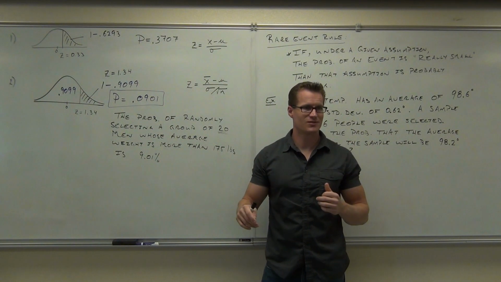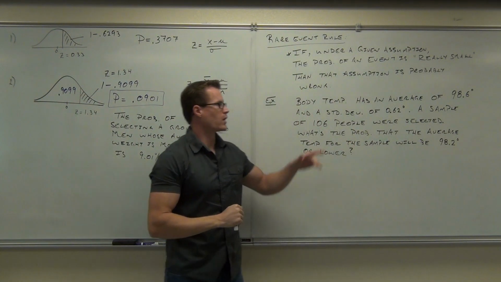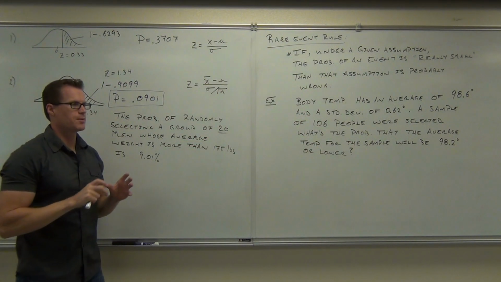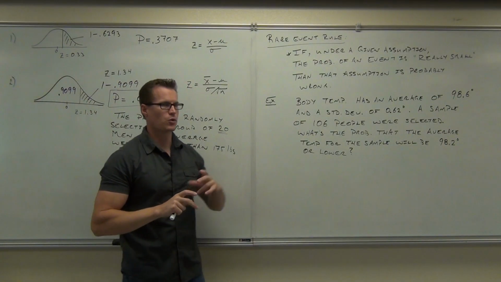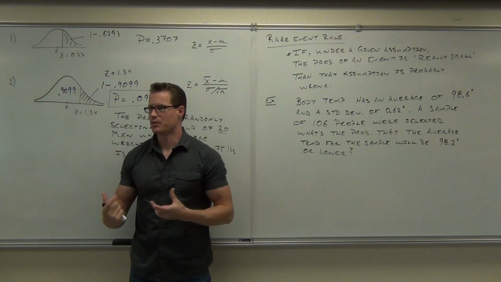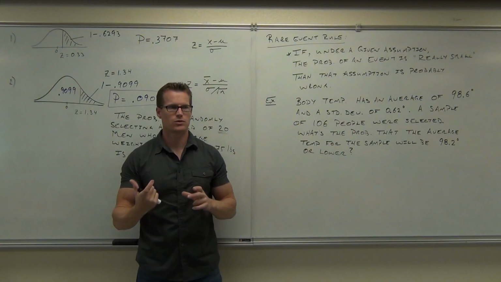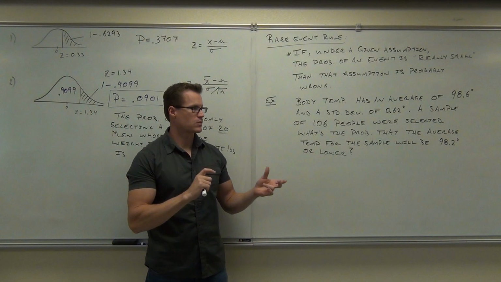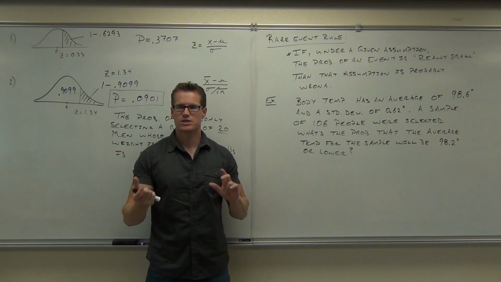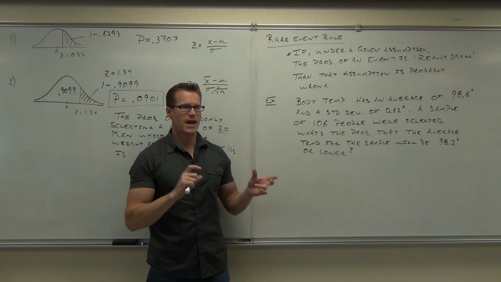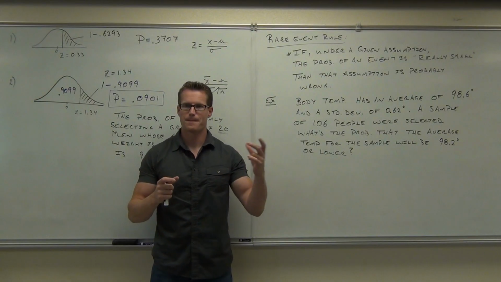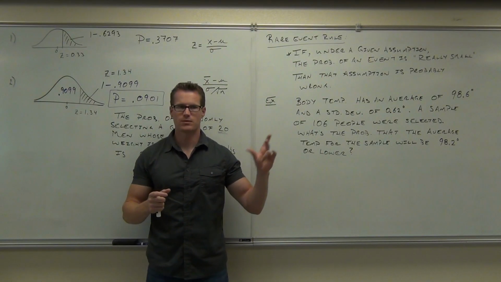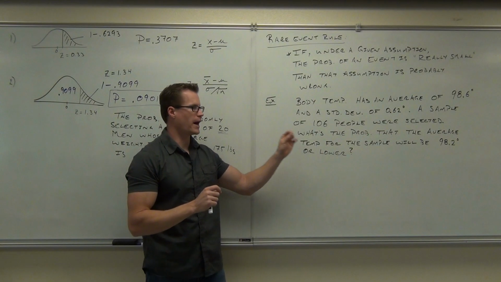You sure? Okay, so, question. When I'm dealing with that problem, am I looking up the probability for an individual or for a group of people? What do you think? If it was an individual, it would say, find the probability that a randomly selected person, or one item.